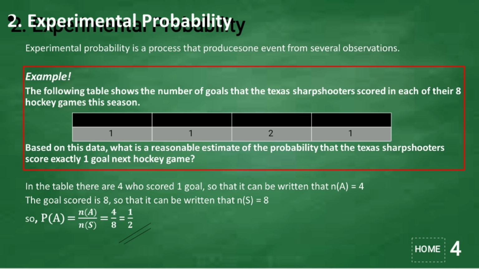The solution: in the table there are 4 games where they scored 1 goal, so it can be written that n(A) equals 4. The number of games is 8, so it can be written that n(S) equals 8. So P(A) equals n(A) over n(S) equals 4 over 8 equals 1 over 2.